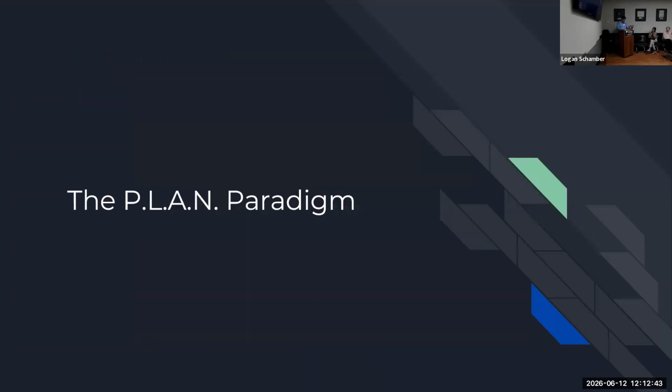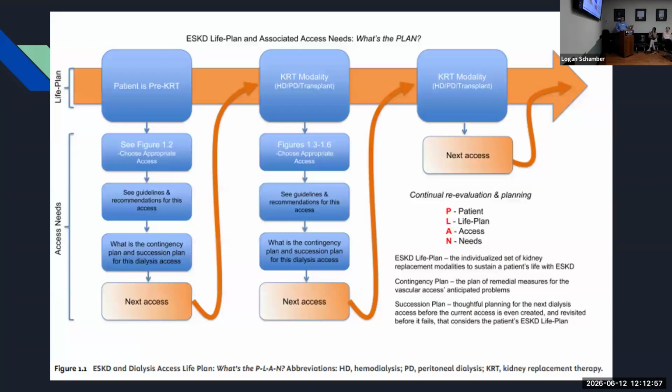Right. So before jumping into the different complications associated with vascular access, I did want to briefly talk about the PLAN paradigm, which is an update that came from the 2019 KDOQI guidelines. Essentially, PLAN stands for Patient Life Plan first, followed by Access Needs. So that's seen here on the side.